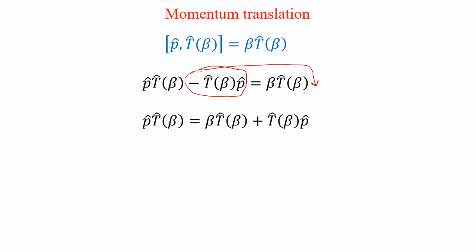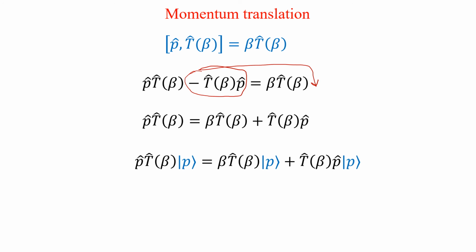Now let this operator act on the momentum ket vector |p> on both sides. When the operator p acts on the ket |p>, it gives you the eigenvalue p times the ket |p>.